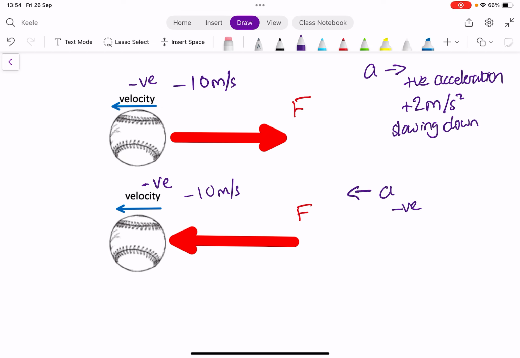It is a negative acceleration, which would mean we are taking 2 meters per second off it every second. But it's already on minus 10. If we take another 2, we get minus 12, minus 14, minus 16, whatever. In this case, we're accelerating to the left, and we are speeding up.